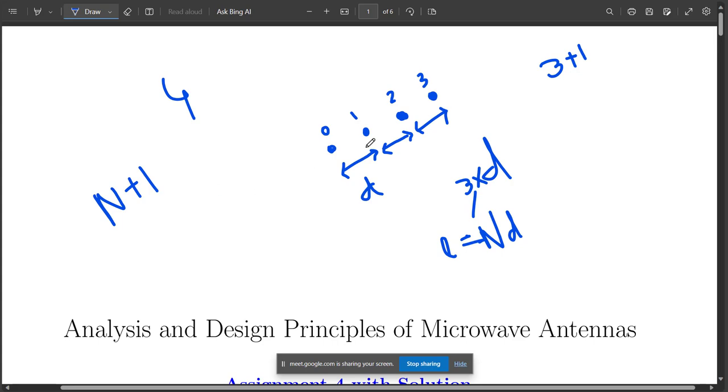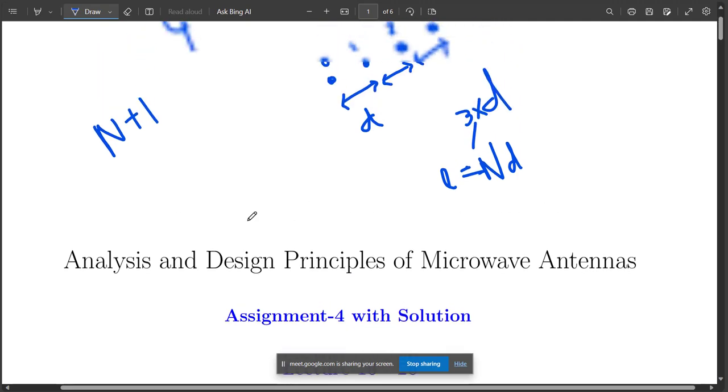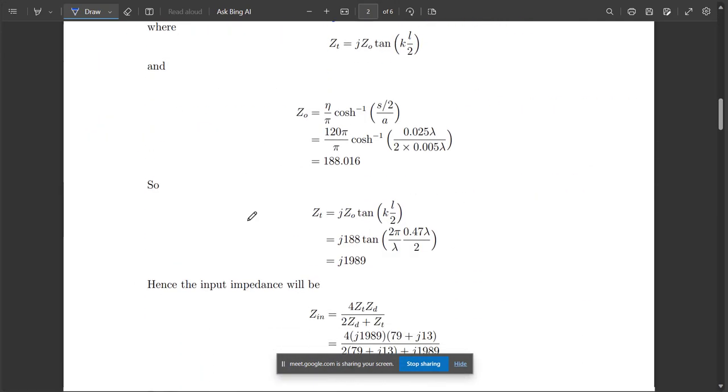If we count the spaces, 1, 2, 3, 3 spaces are given, so length is 3 spaces into d. So nd, and the total number of elements becomes n plus 1, that will be equal to 4. Got it? Yes, madam.